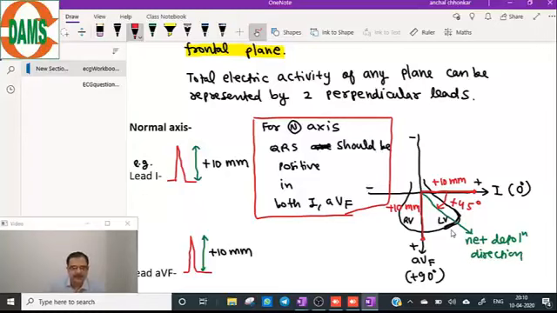Yes, correct. Now moving on to the normal axis.